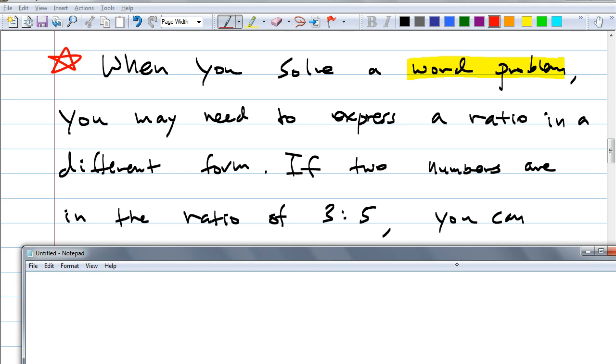Okay, so if I say the ratio of boys to girls in my class is 3 to 5, how many boys and girls are in my class? What's the total number of boys and girls? Anybody? If I say that the ratio of boys to girls in my class is 3 to 5, how many boys and girls do I have? Yes?